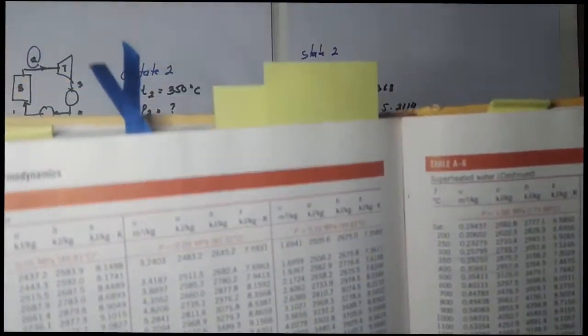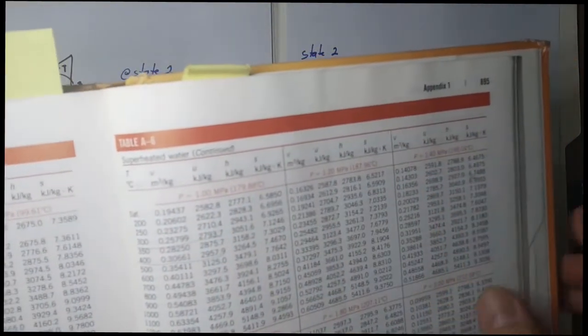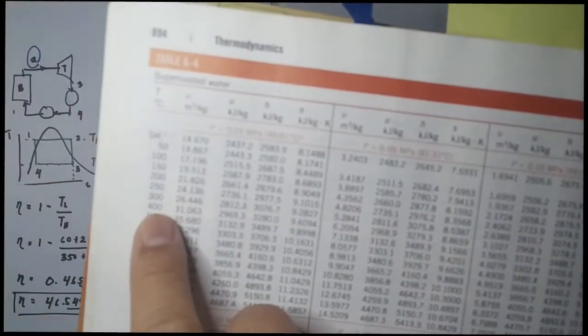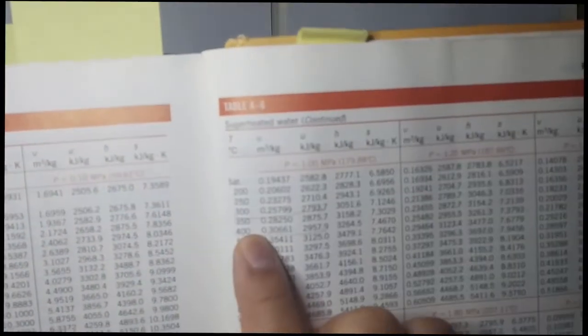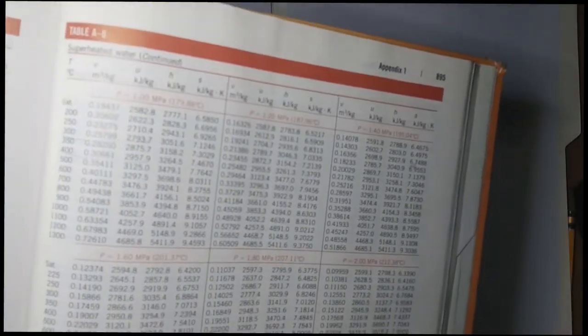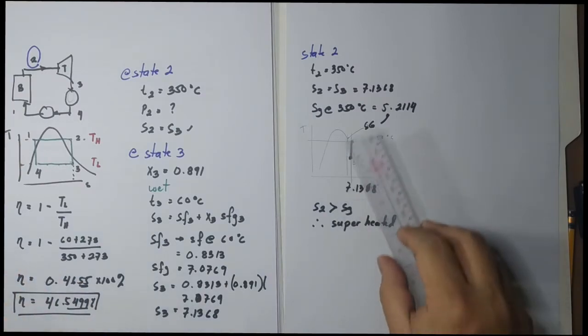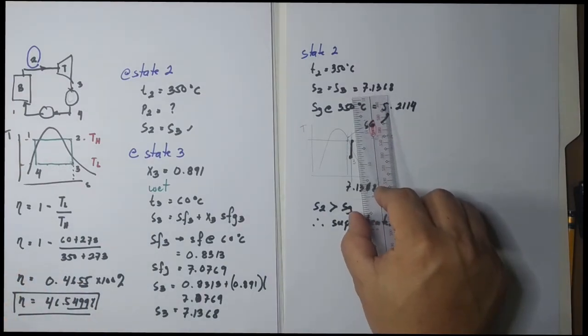Tapos dito, so meron kang different pressures. Okay? Tapos different temperature. Mag-umpisa tayo dito, 350. For convenience, kasi walang 350 dito. Ayaw ko munang mag-interpolate. Wala ding 350 dito. Okay? Dito muna, 350. Tapos, ang aking S ay 7.1368.